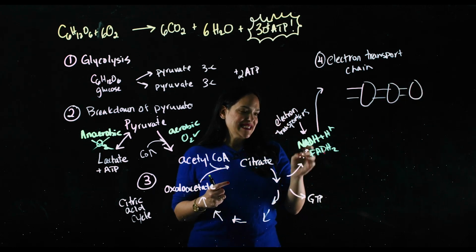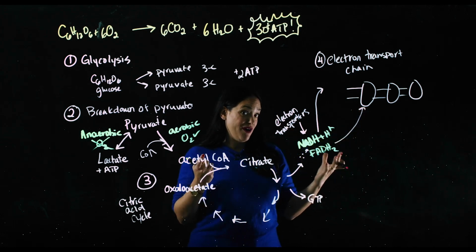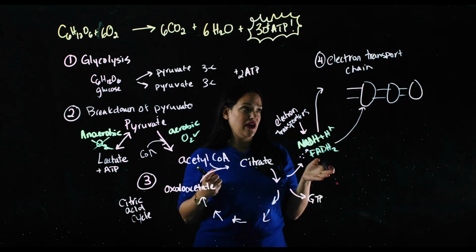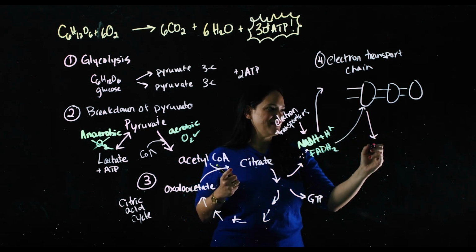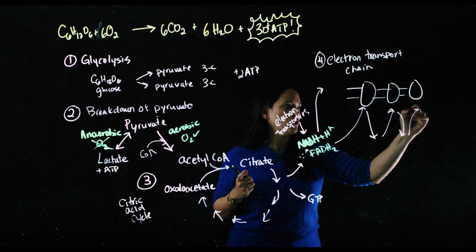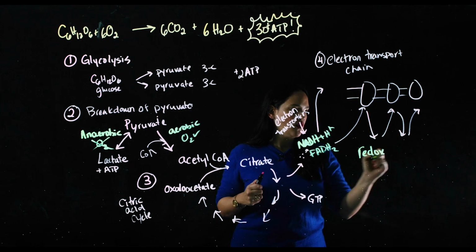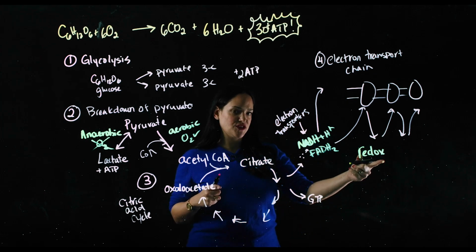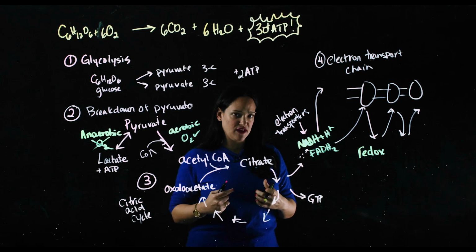And what happens is these electron transporters drop off electrons to these membrane-bound proteins, then they pick them up from there, then they bounce back to them. There's a series of what we call redox reactions, or reduction and oxidation reactions.